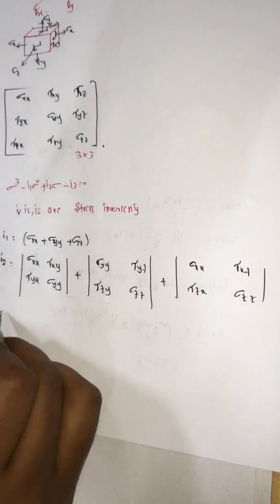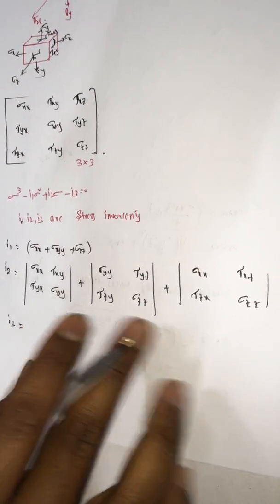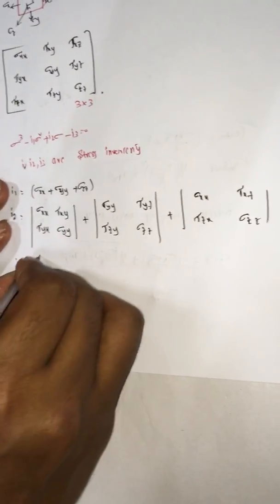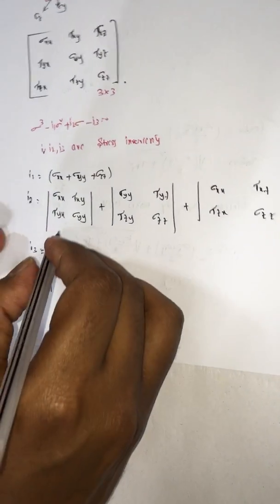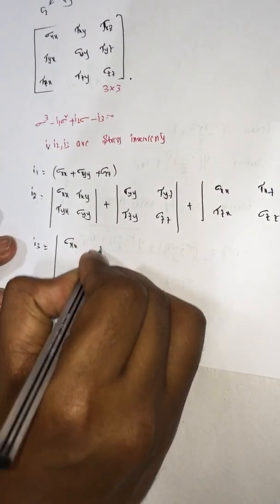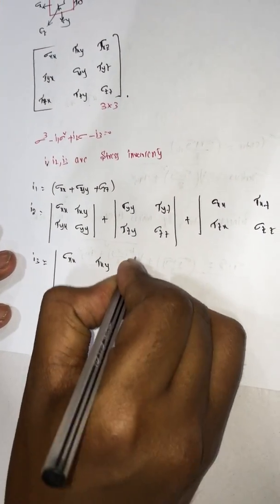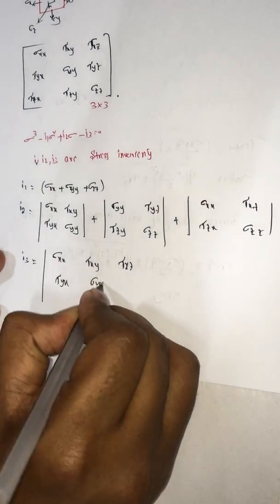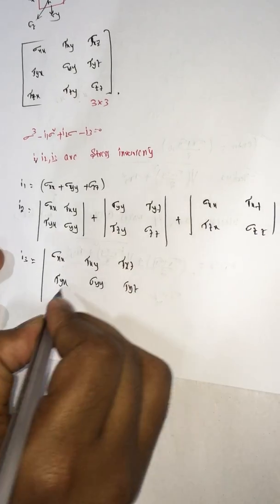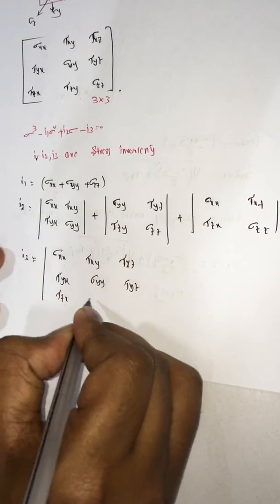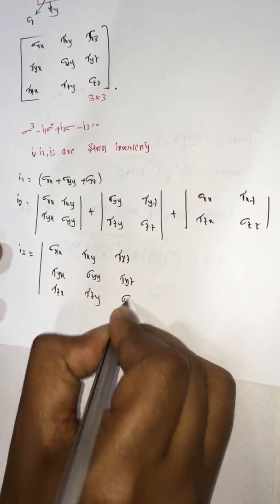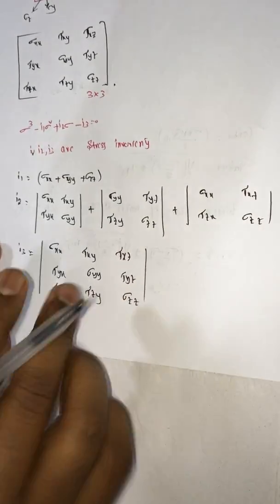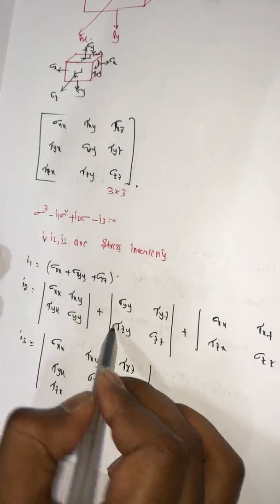With some practice it will be easy, don't feel clumsy. Now I take the total stress tensor as the determinant of sigma xx, tau xy, tau xz, tau yx, sigma yy, tau yz, tau zx, tau zy, sigma zz, which gives I3. If you calculate these, you will get I1, I2, I3.